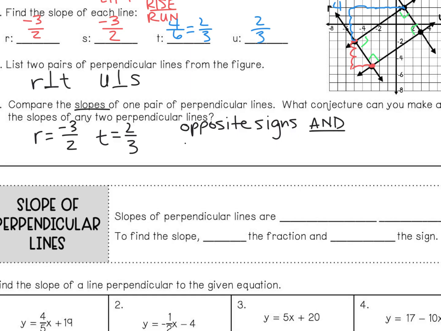And flipped. Okay, so the numerator becomes the denominator and the denominator becomes the numerator. When you were in 6th grade, you learned that word is called a reciprocal. So you can see it was a negative 3 over 2. It became a positive, and then we flipped our fraction.